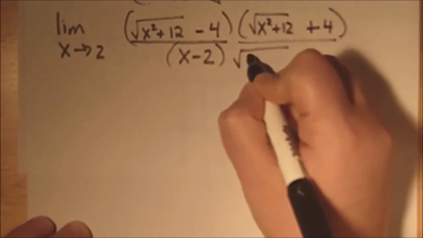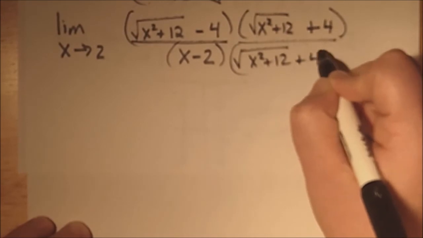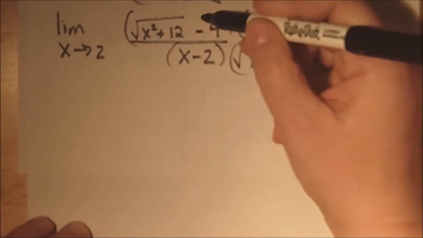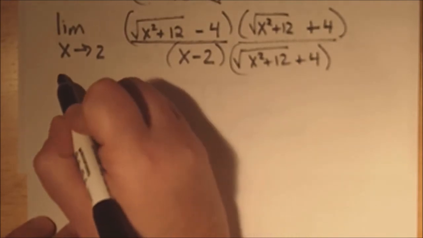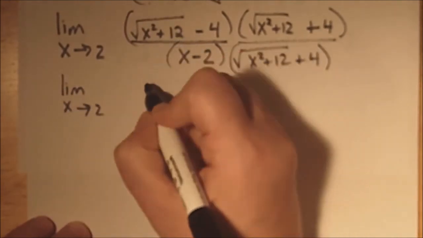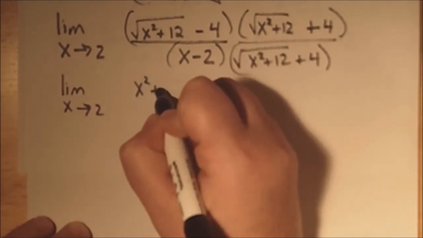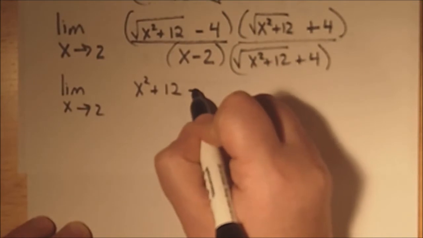So multiply that by the numerator and denominator, because what I'm doing here is multiplying my expression by 1 so that I only change the appearance and not the value. In the numerator, that would equal x squared plus 12, inside, outside, 0 out.